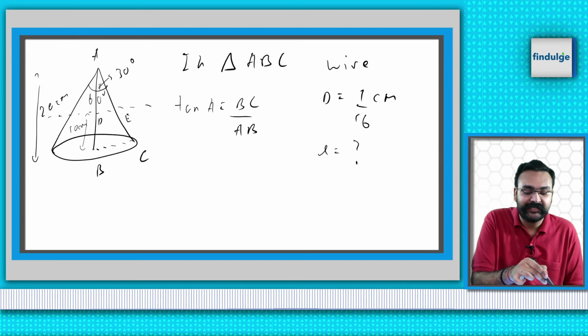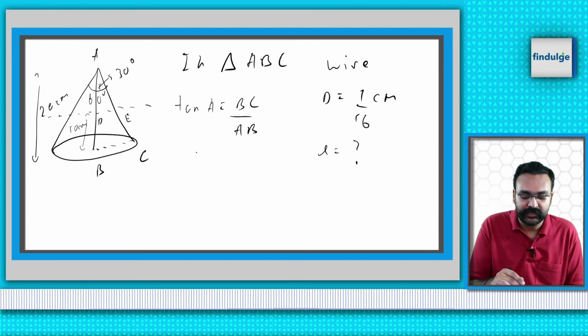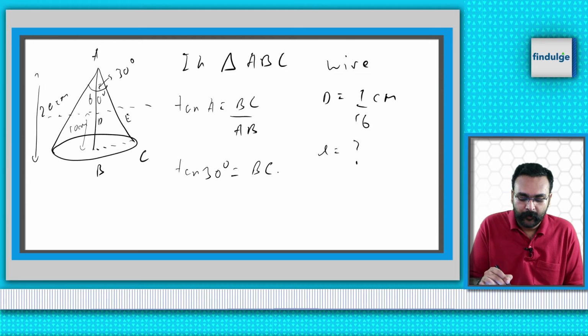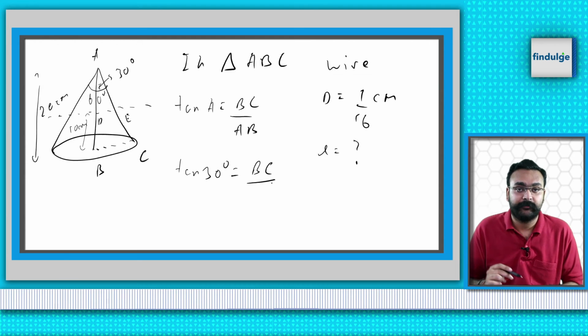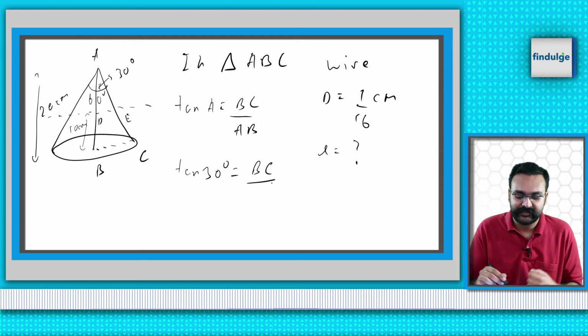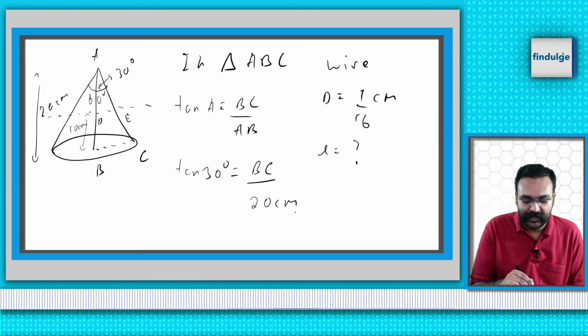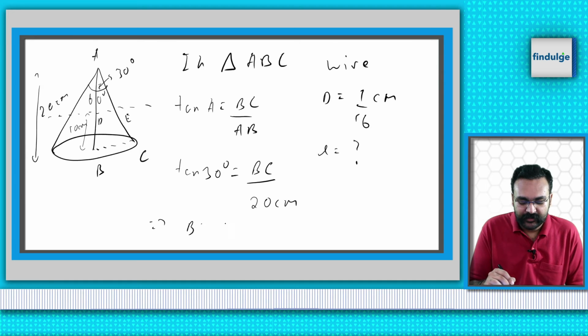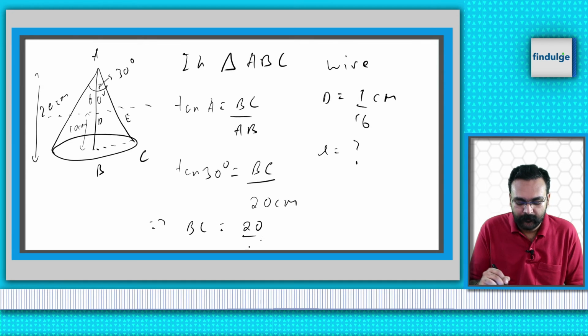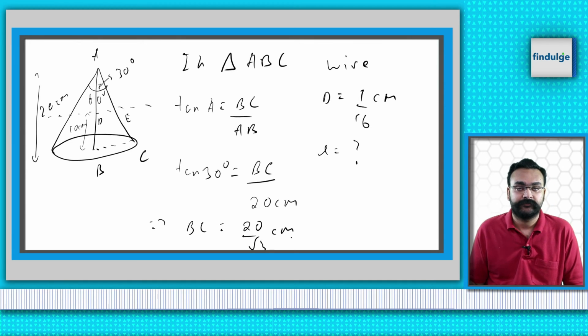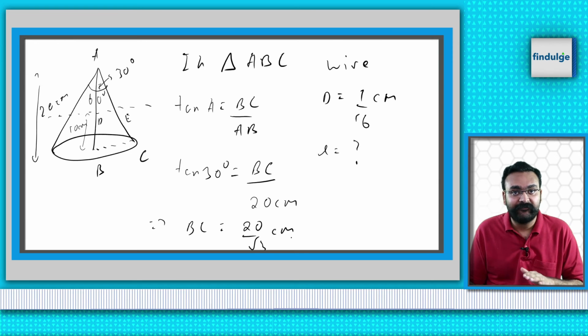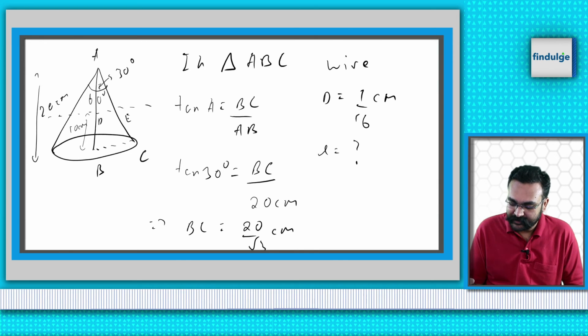Like I said, angle A is half of the total angle, so tan 30 is equal to BC, which is what I want to find, upon AB, which is nothing but the height of the cone, which is 20 centimeters. Of course, tan 30 degrees is 1 by root 3. So we get that BC is equal to 20 by root 3 centimeters. Do not convert. Leave it like this for now. Next.